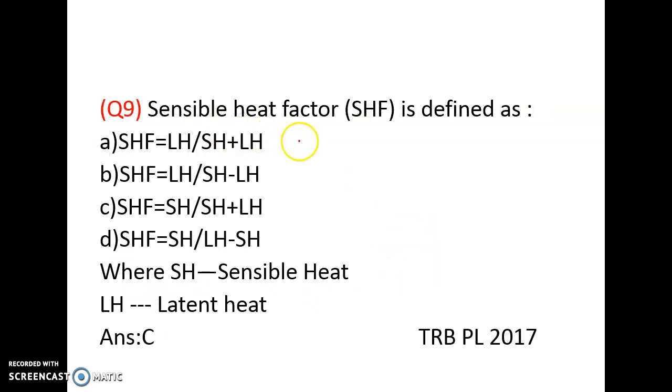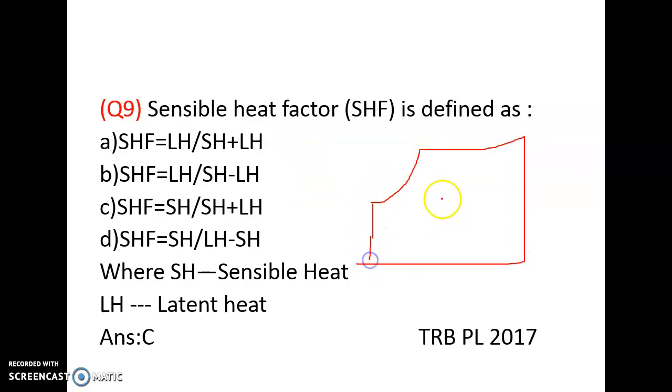Sensible heat factor. This is a sensible heating process. This is not applicable for a process like cooling and dehumidification or heating and dehumidification, where this part is called sensible heat and this part is called latent heat.